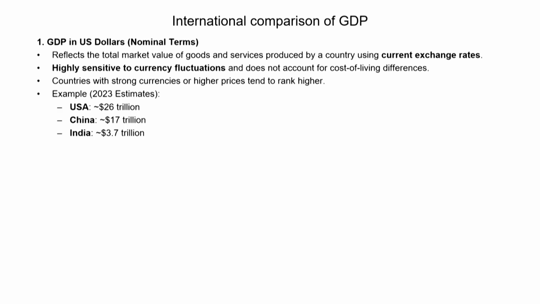This is highly sensitive to currency fluctuation and doesn't account for cost of living differences. When we convert into US dollars, we can make a direct comparison of GDP. For example, the USA has 26 trillion, but India has only 3.7 trillion US dollars.